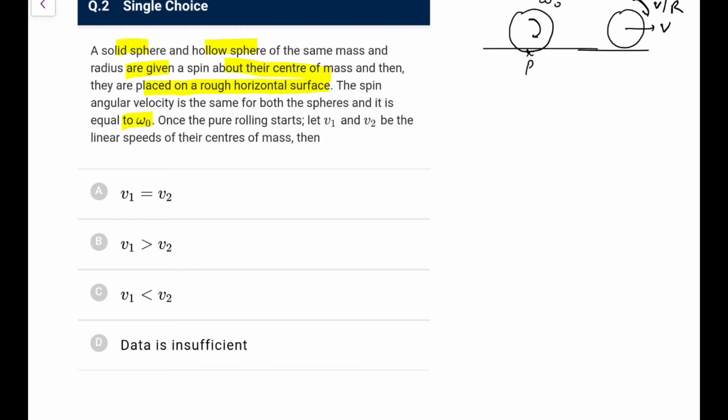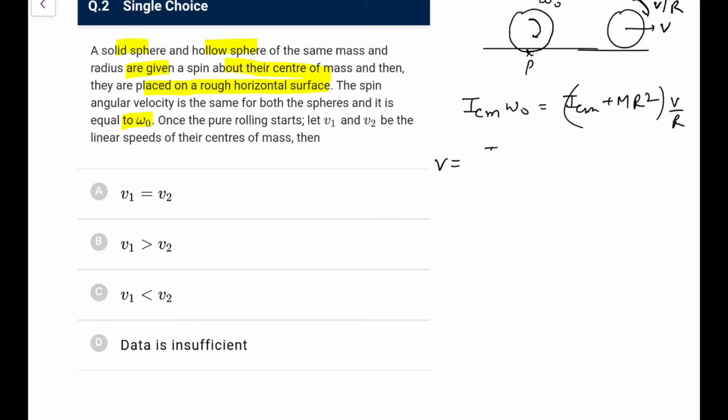About this initial point of contact P, we apply angular momentum conservation because the torque about this point remains 0. The initial angular momentum about this point is ICM omega naught, and finally it becomes ICM plus m r square into omega, that is V by r.